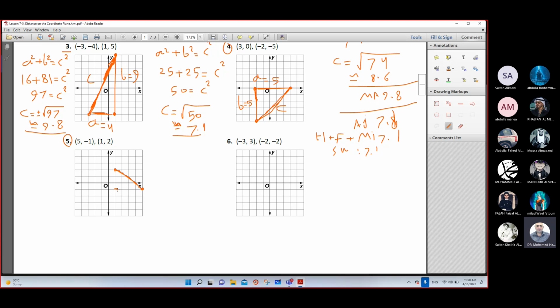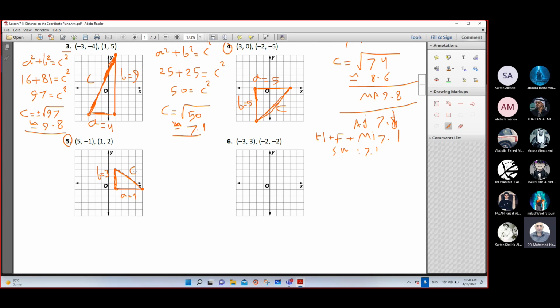The third point will be here. Now this is C here. We have here 1, 2, 3, 4. So A equal 4. And here 1, 2, 3. So B equal 3. Now I want from all to find the value of C.